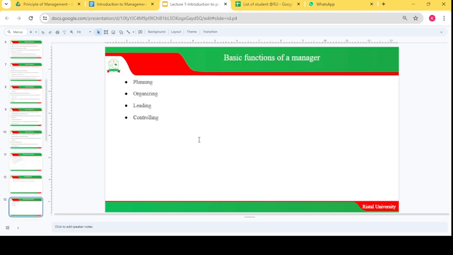And then let's look at the basic functions of a manager. One, planning. Here the manager is supposed to define goals for future organizational performance and decide on the tasks and use of resources needed to attain them.